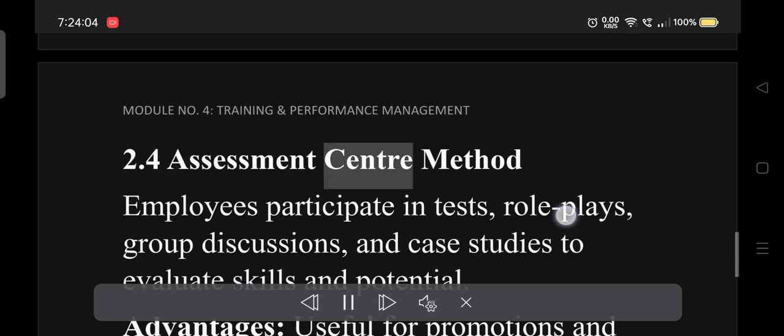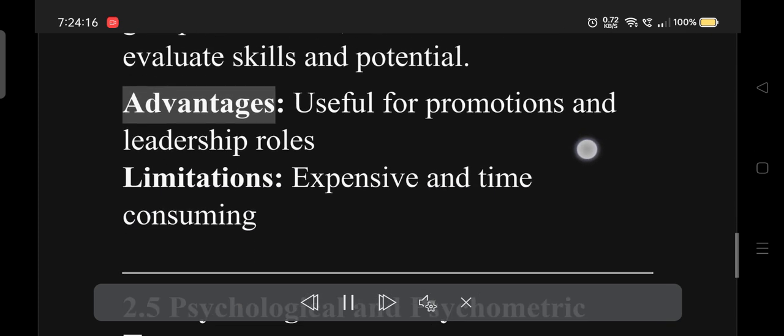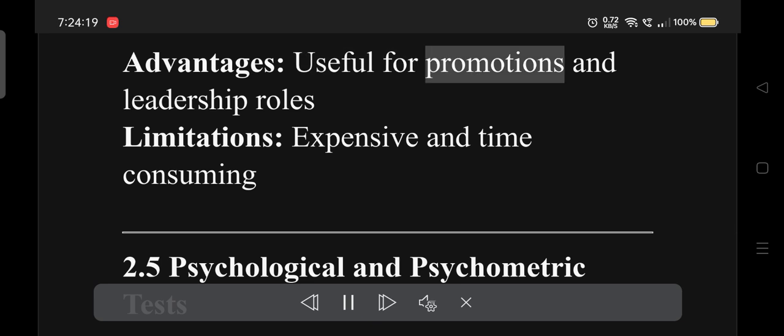2.4 Assessment Center Method. Employees participate in tests, role plays, group discussions, and case studies to evaluate skills and potential. Advantages: useful for promotions and leadership roles.